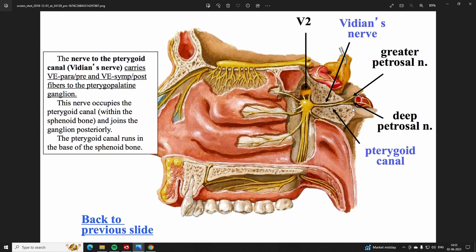This is the foramen lacerum, through which the internal carotid artery passes with the greater petrosal and the deep petrosal nerve. They are forming the nerve of the pterygoid canal, the vidian nerve. The deep petrosal is the postganglionic sympathetic, and the greater petrosal nerve is the preganglionic parasympathetic.